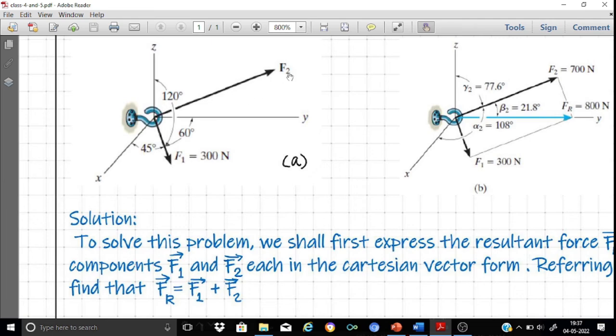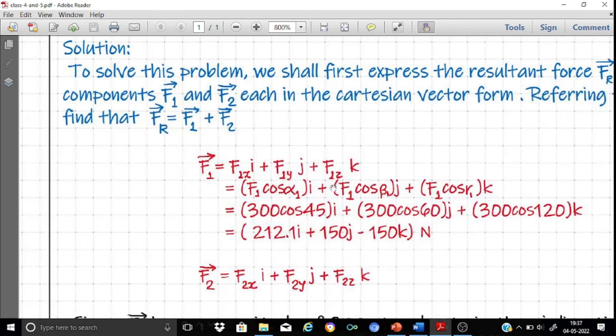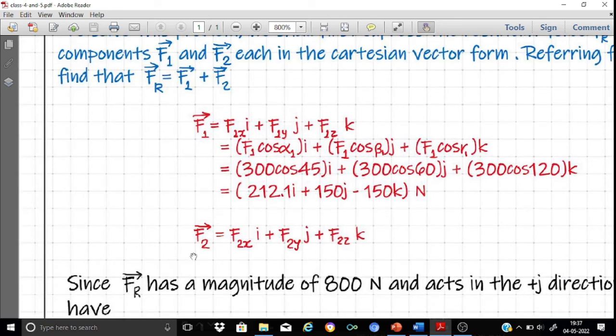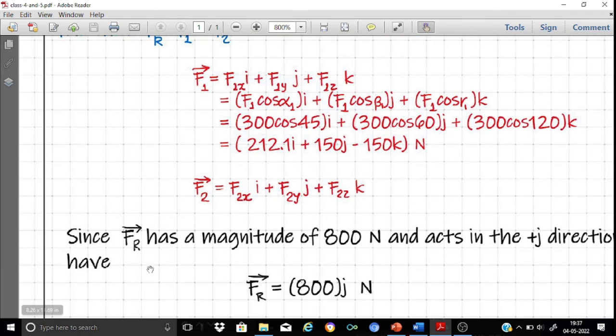Now regarding F2, we need to find out what F2 is. So let us say that it can be expressed in the Cartesian format as F2x i plus F2y j plus F2z k, where F2x, F2y and F2z are the magnitudes of the components of F2 along the x, y and z axes. Now coming to Fr, we are directly given its magnitude.